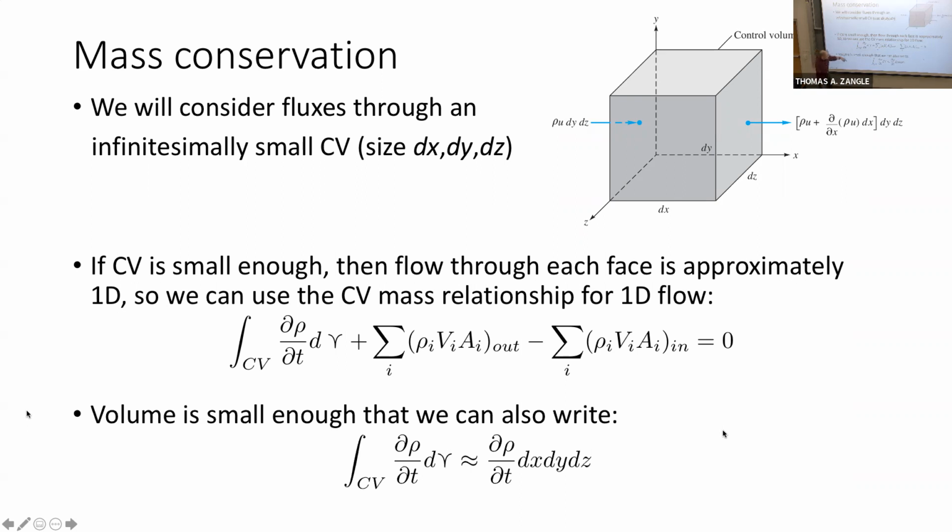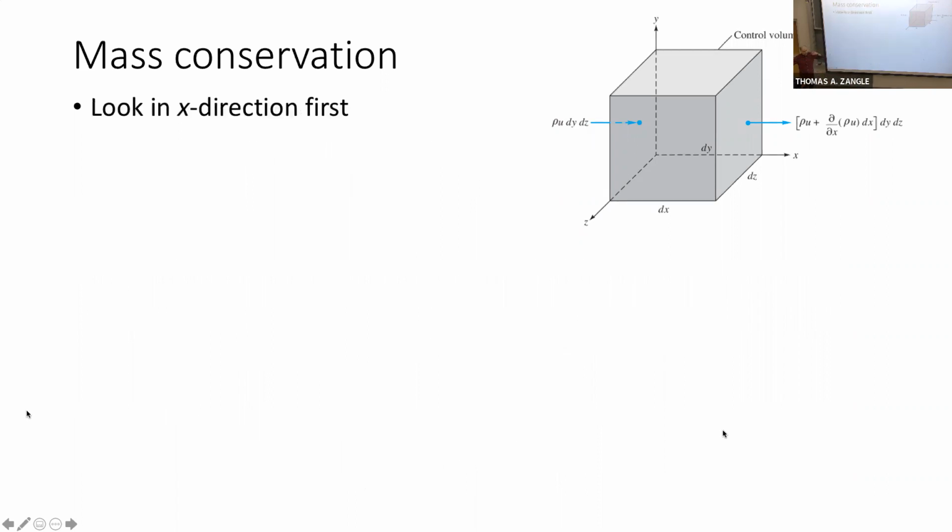The volume is small enough that this integral we can simplify. It's just basically multiplying by dx dy dz. We're going to start in the x direction. At the inlet we have rho VA, so that's rho times u, the component of velocity, times the area, which is dy dz.